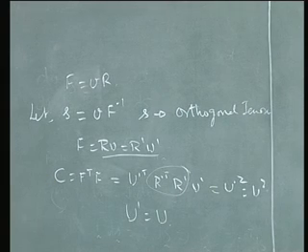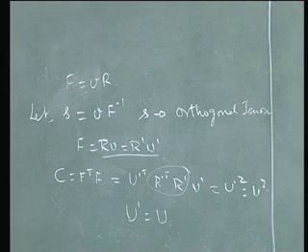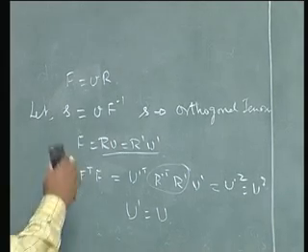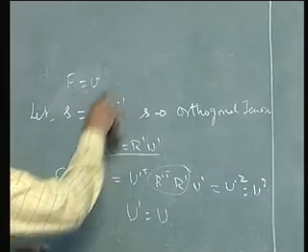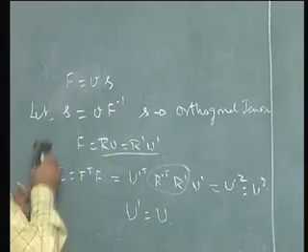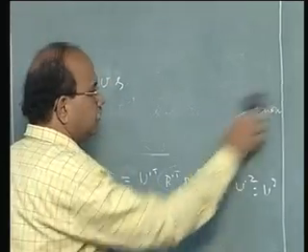Okay. The next point is very simple. Let us look at the second part. Suppose I write this as VS, VS is equal to RU.